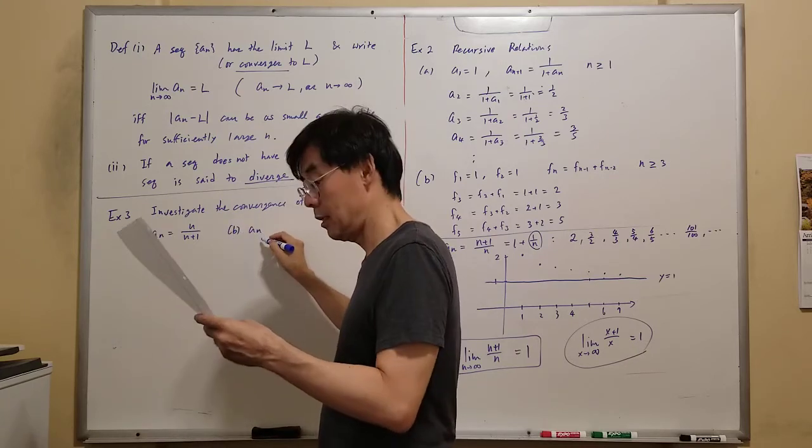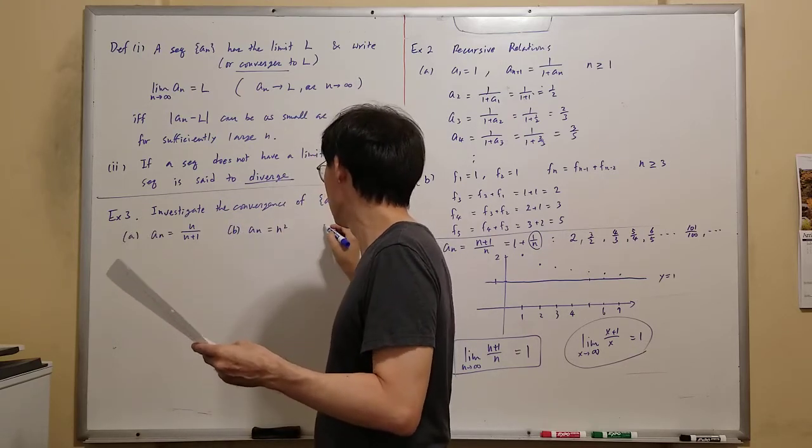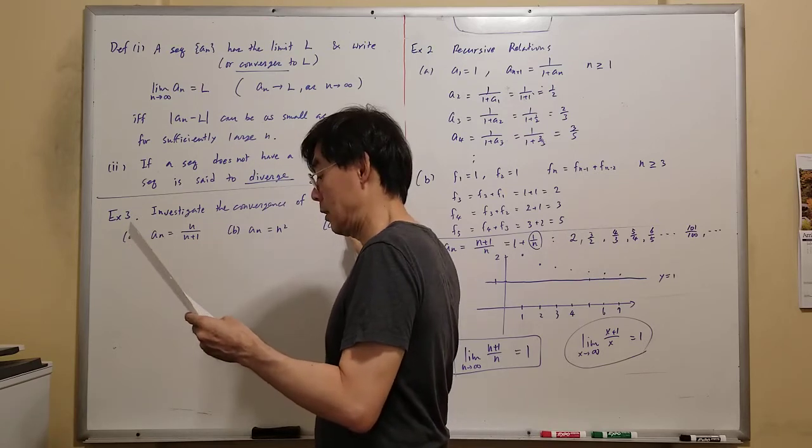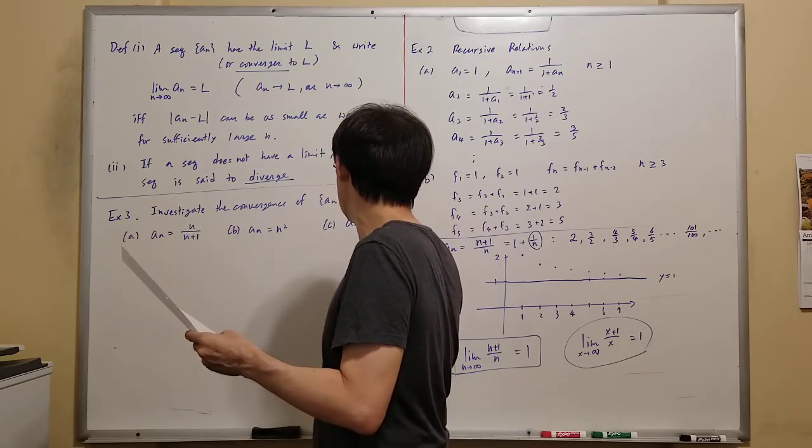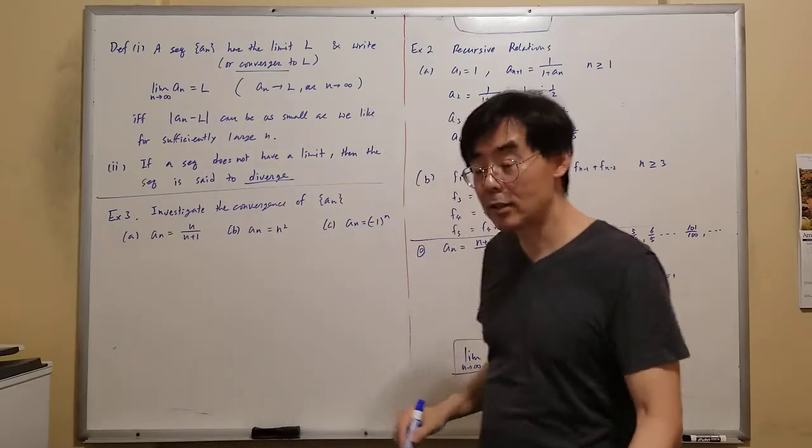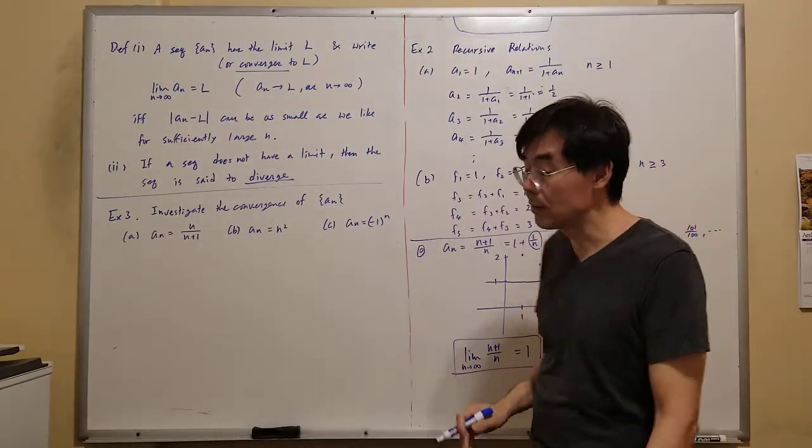B, a_n equals n squared. C, okay, let's consider the convergence of these three sequences.